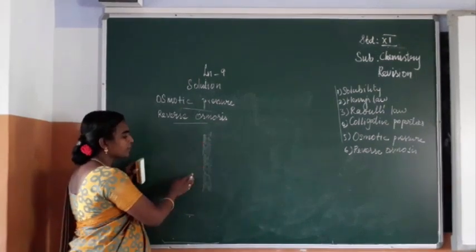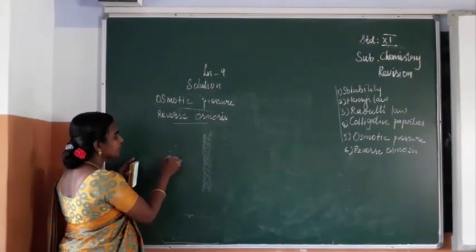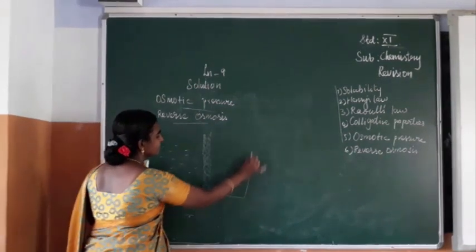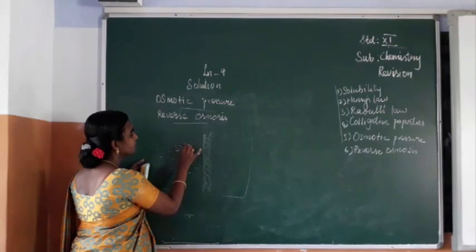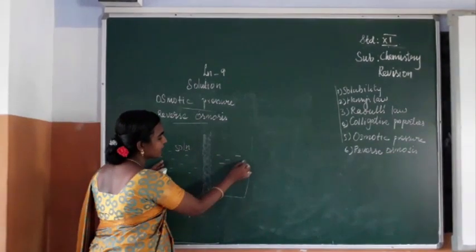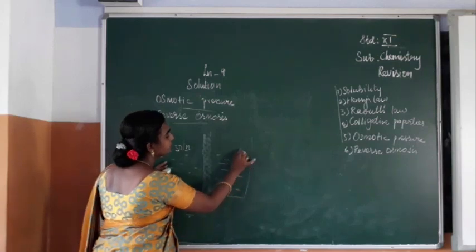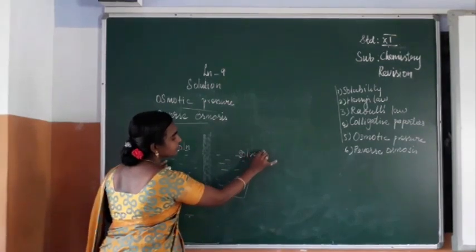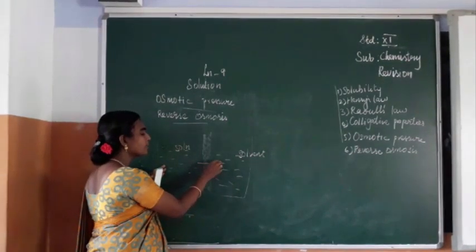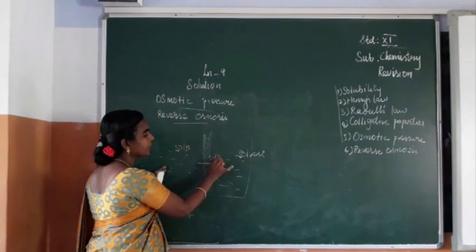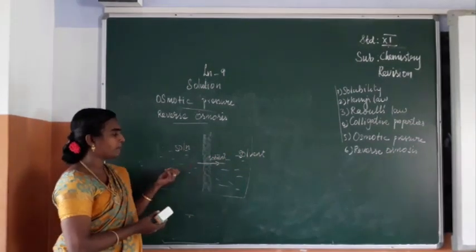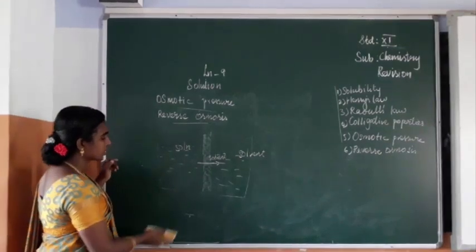On this side we have the solution, and from here the solvent is there. From the solution side, only solvent molecules can move through the semi-permeable membrane. This type of process is termed reverse osmosis.